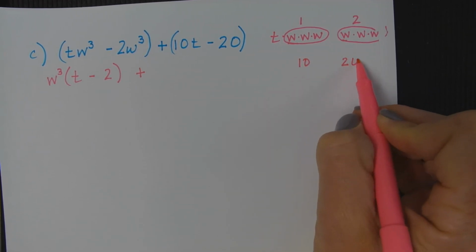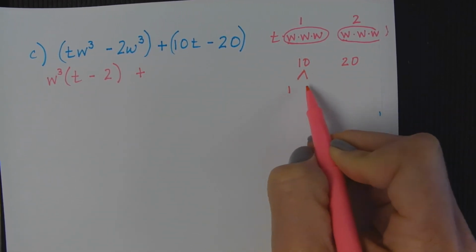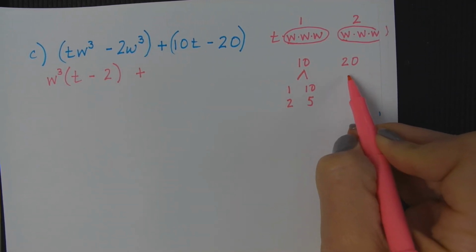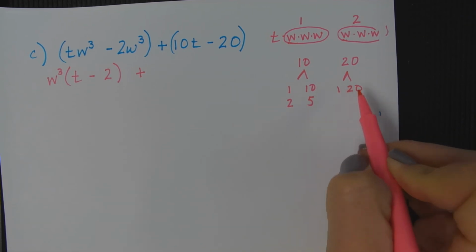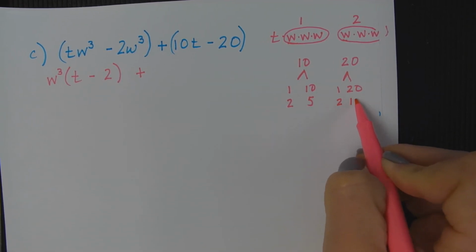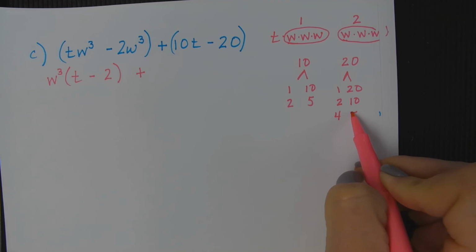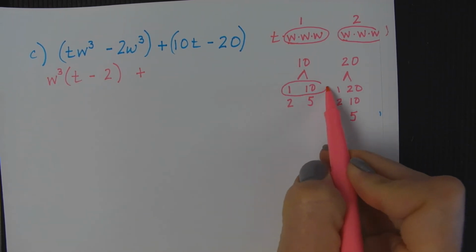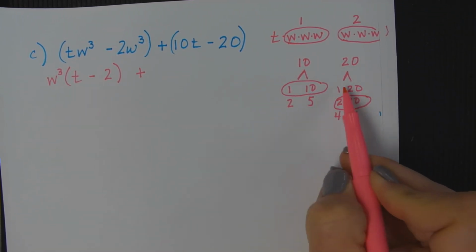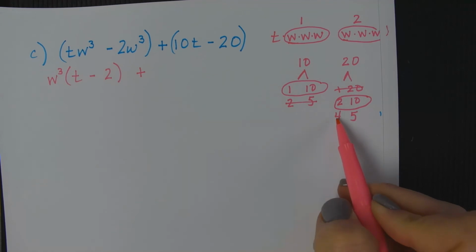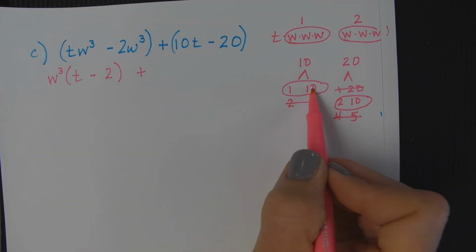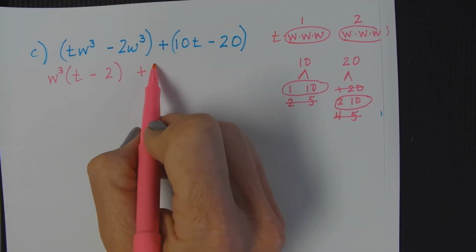So let's write plus. Now I'm out of room over here, so let's do our math here. 10 and 20, factors of 10: 1, 10, 2, and 5. Factors of 20: 1, 20, 2, 10, and 4, 5. What is the highest number both numbers share? 10. So we're taking out which one? 10.